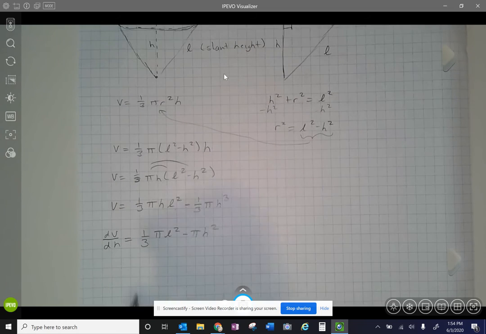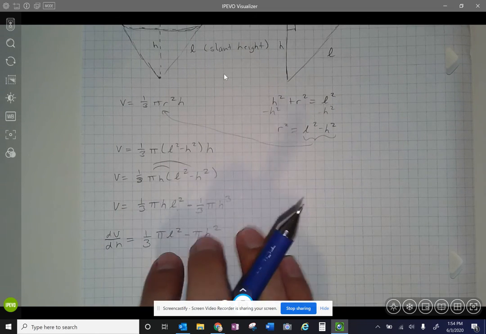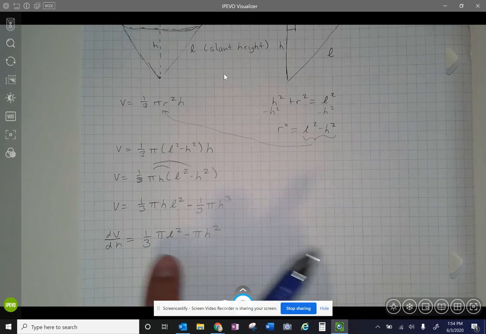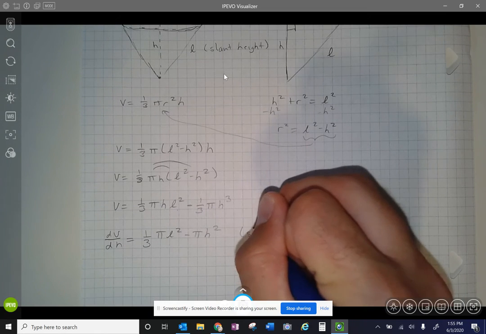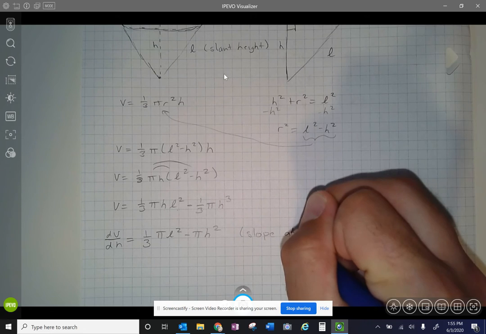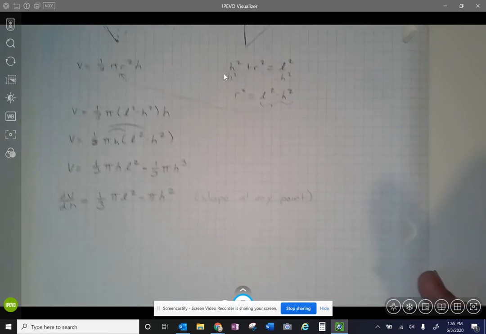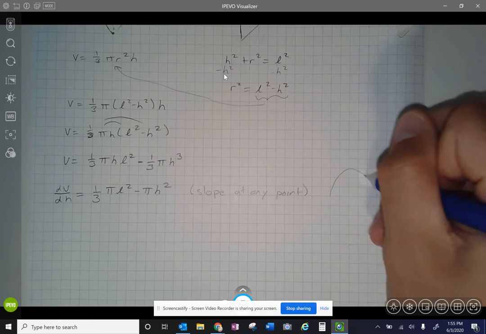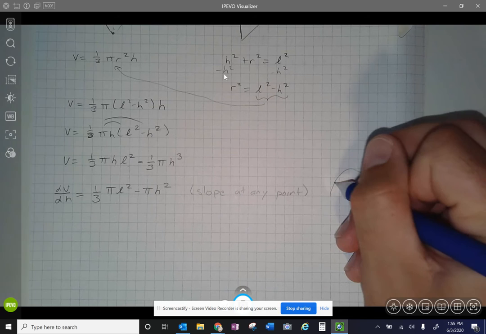Again, this part won't make sense to you. This is actually really easy to do once you learn the techniques. I would encourage you to look up how to take a derivative and the tricks for doing it. But this represents the slope at any point. Think back to your graph. I can use this formula to find the slope at any point, and the slope at any point can be represented by a tangent line.